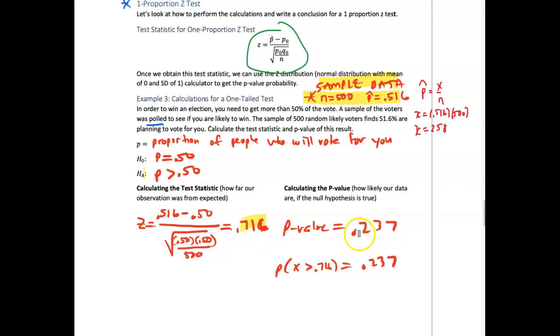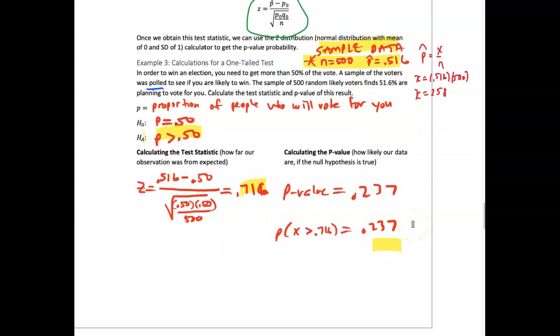We then use that to calculate the probability value, the p-value. This goes back to module 7, and since this is a greater than, you calculate the probability that x is greater than 0.716, because that's your z-score. What's the probability of a z-score greater than that? 23.7%. That's not a low value.